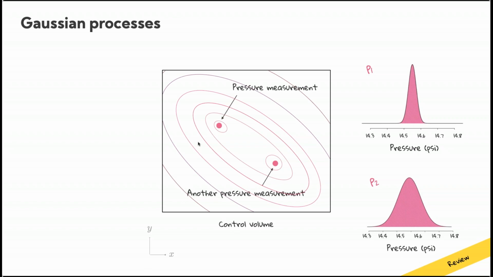I know for a fact that there is some underlying correlation or some relationship between the pressures at any 2 points within this control volume. But the challenge is I don't know precisely what that is. In an ideal world, I could solve the Navier-Stokes equations and obtain the entire pressure field.